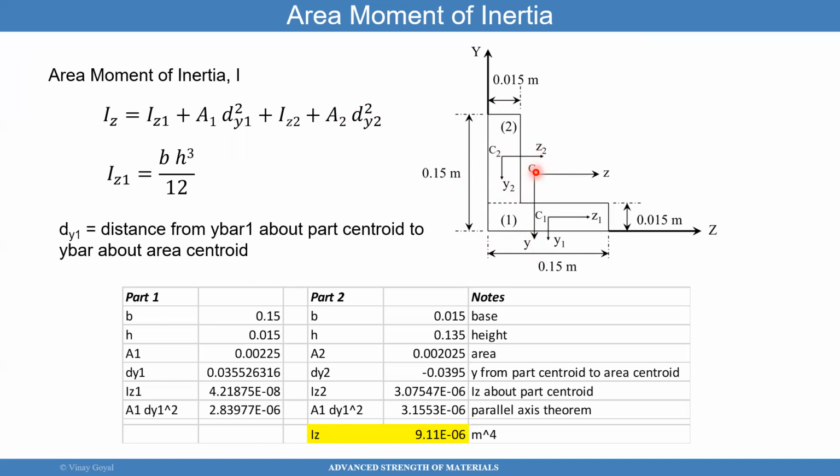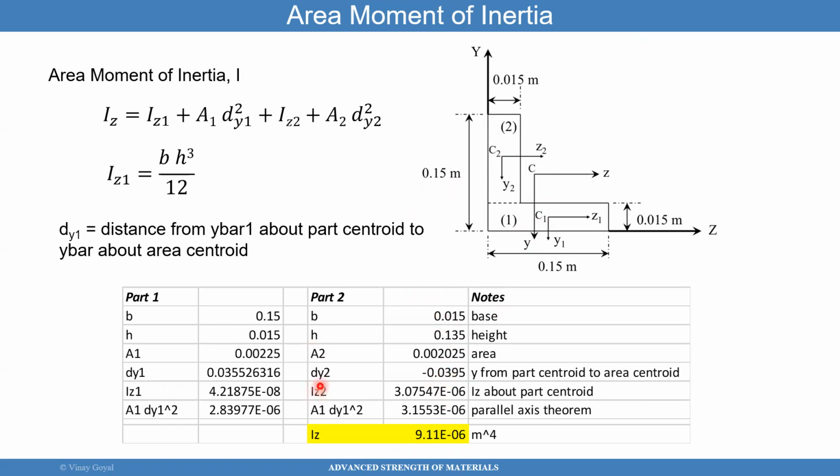So I can calculate the distance between this point and that point, but that's clearly in a negative direction, and that's going to be 0.0395 when you actually do the calculation.